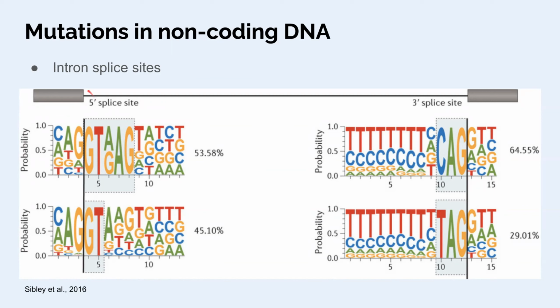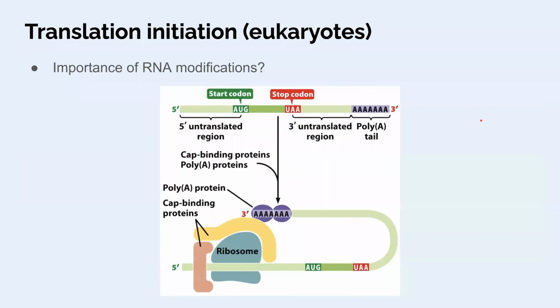Then you'd be translating through essentially some gibberish. If the cell had to translate through an intron before it got to the next exon, that probably wouldn't make any sense. So there's a major potential effect on the structure of the encoded protein if the introns are not spliced out correctly. GT is very important at this location. The 3' splice site, AG, is very important at this location, in the context of this study at least.